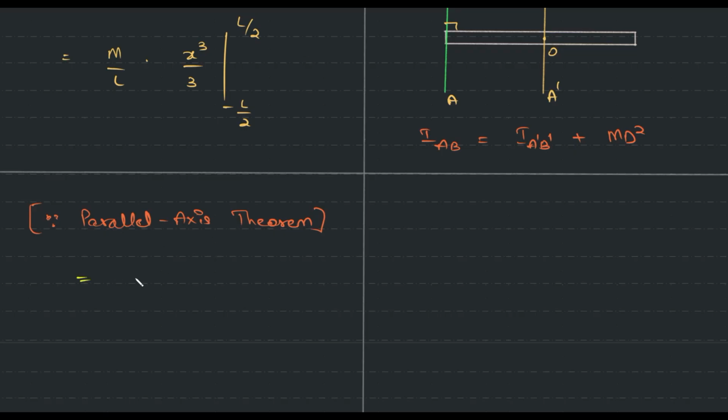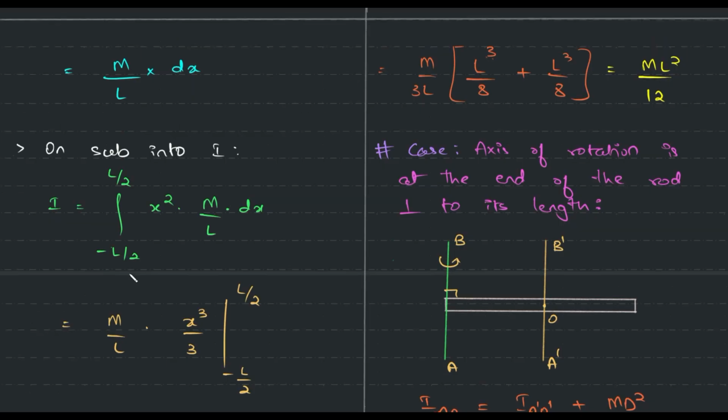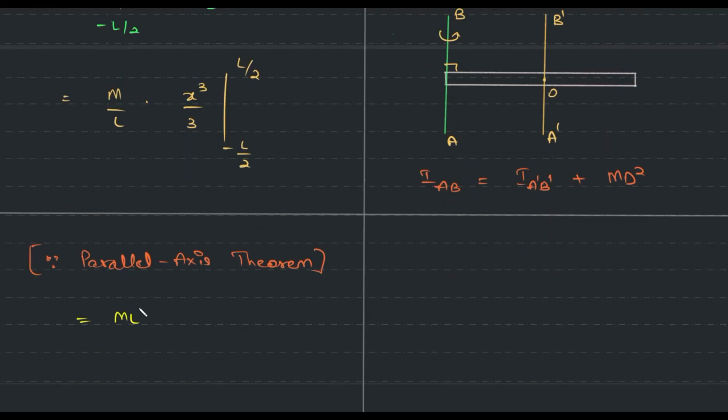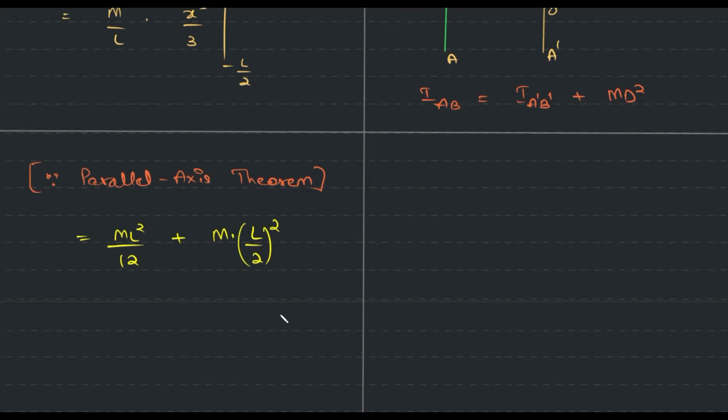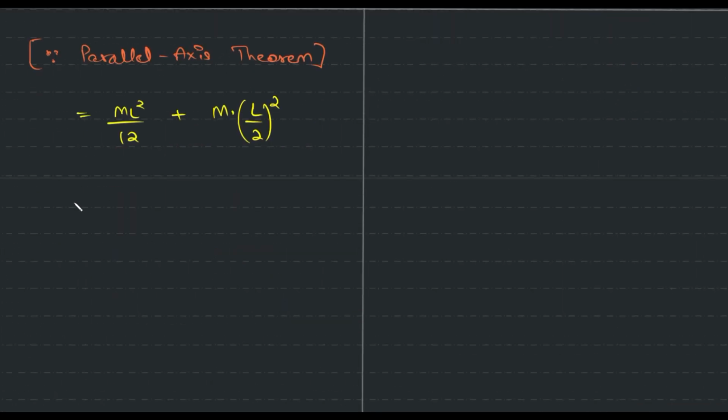This we know: ml square by 12, and m is m. Here d will be what? It is L by 2 units away. A bit of math over here: ml square is common, we have 1 by 12 plus 1 by 4. So 3 by 12, which is 4 by 12, or 1 by 3. So ml square by 3. That's your new value.